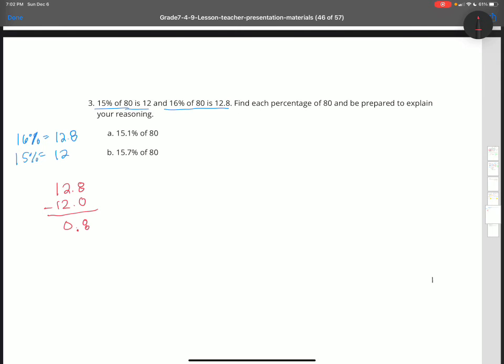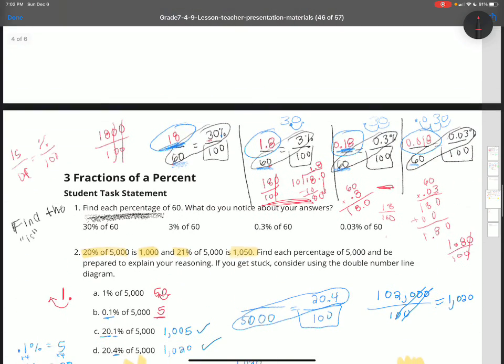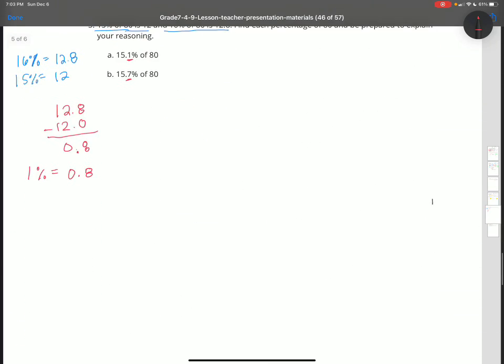All right, now this is 1%. 1% is equal to 0.8. But look at it. It's asking for 0.1%. And just piggybacking to question 1, when that decimal moved in the percentage, the decimal in the portion moved as well. So if the decimal moves in the percentage, the decimal is going to move in the portion as well.